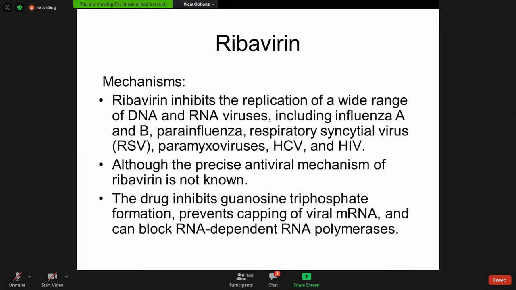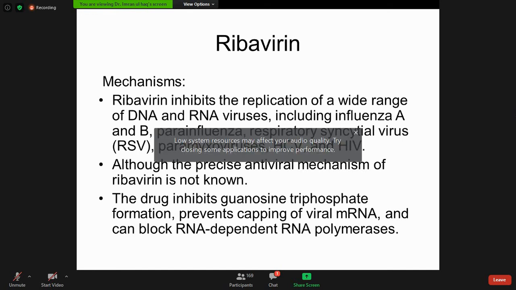Now, ribavirin, because this is the important drug as far as hepatitis C treatment is concerned. This is one of the keys of action. Ribavirin inhibits the replication of a wide range of DNA and RNA viruses, right?